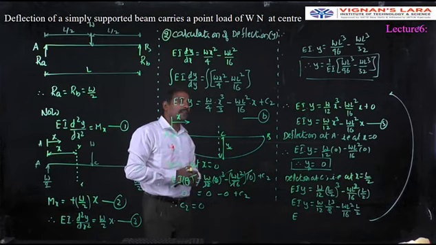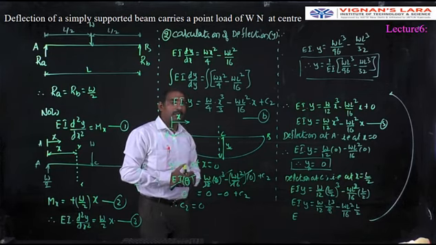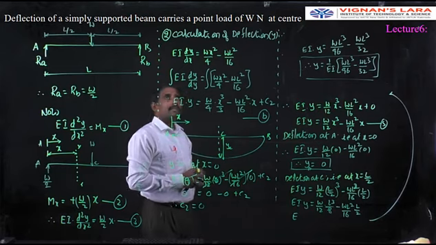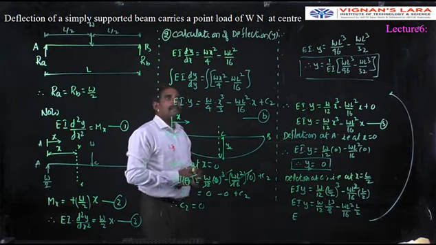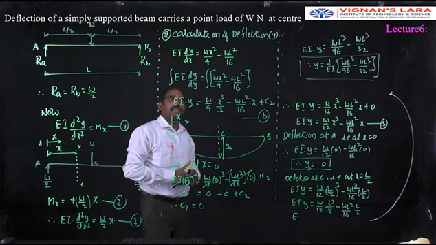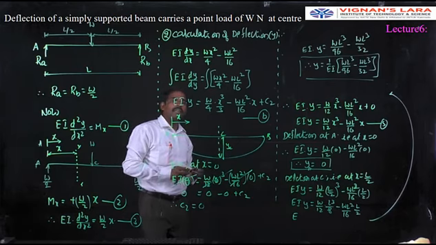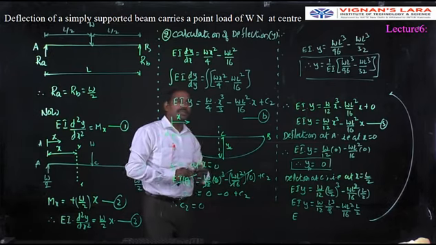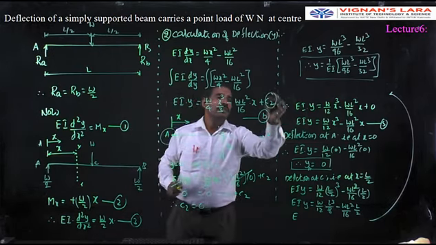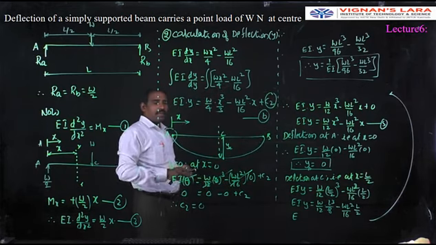Then you can find out the slope at any point along the length. Then calculate the deflection. The deflection is obtained by integrating the slope equation. Here, after performing the integration, there is one constant C2. The constant C2 is obtained by using the boundary conditions.